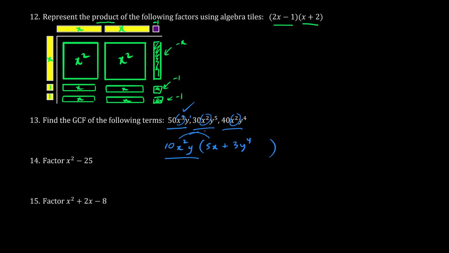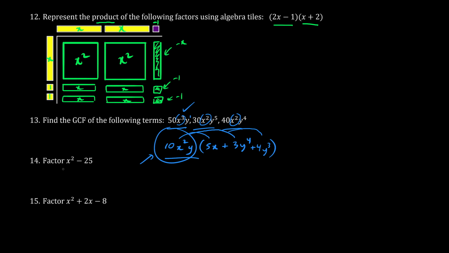You can see that this times this generates the second term. And finally, 10x squared y times 4y cubed generates the third term. But to answer this question, the GCF is simply this part here.